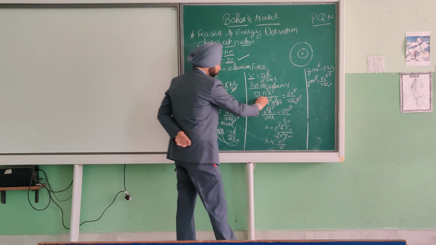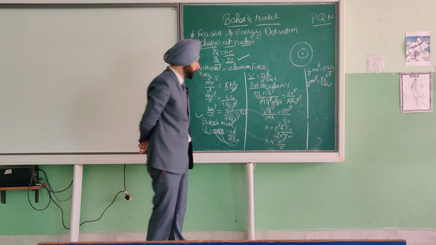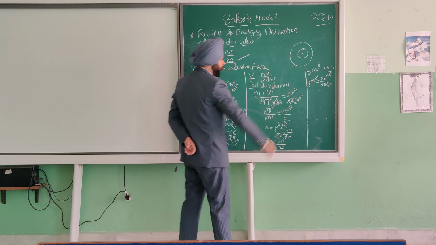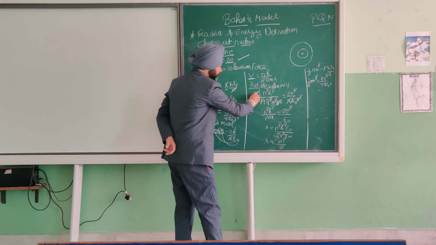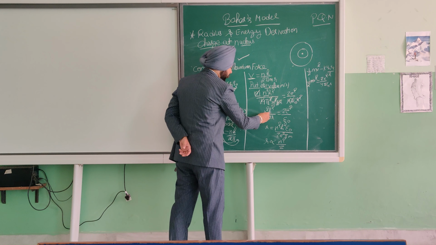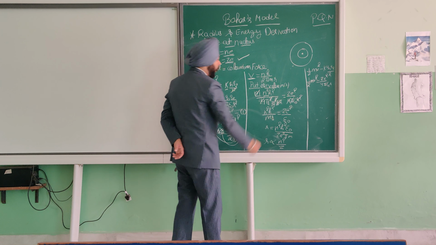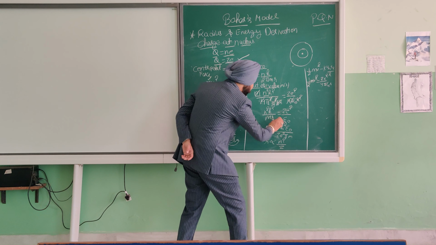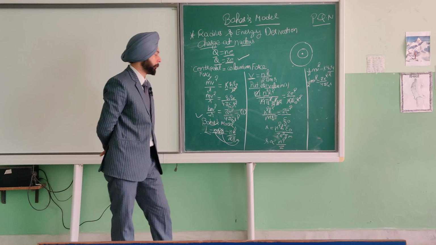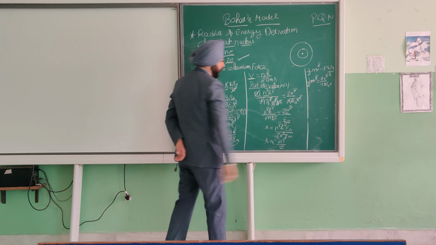Now cutting, 4 cancels with 4, pi cancels with the square, r square cancels with r square, m cancels with the square, and now we have only n square h square upon mr pi is equal to Ze square upon epsilon naught.